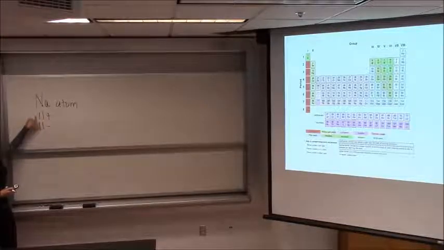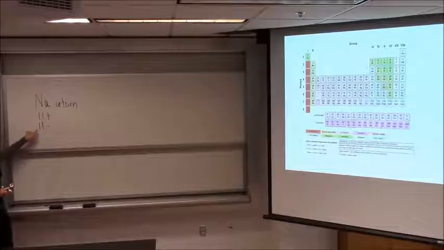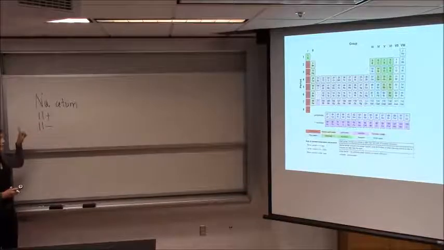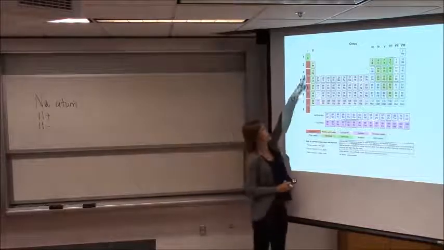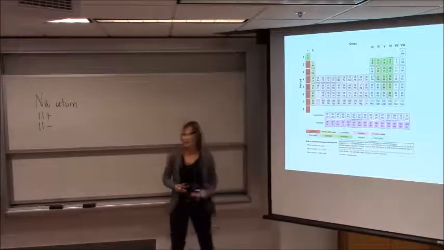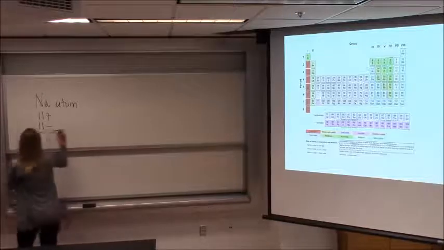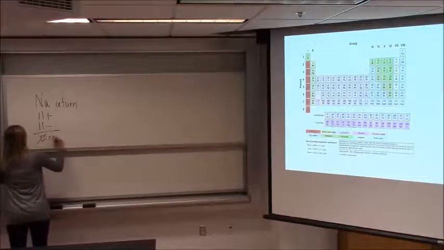The number of protons in the nucleus of an atom cannot change. 11 electrons, negatively charged, orbiting that nucleus. How do I know that? Remember, atomic number. It's atomic number 11, so that means 11 protons and 11 electrons. And that means the sodium atom has no net charge.